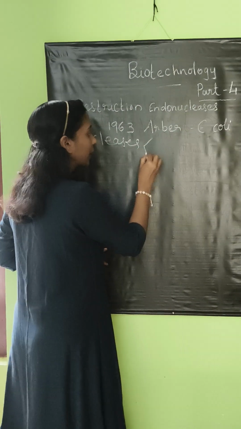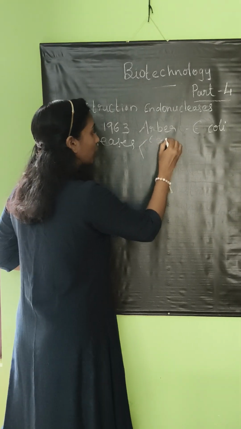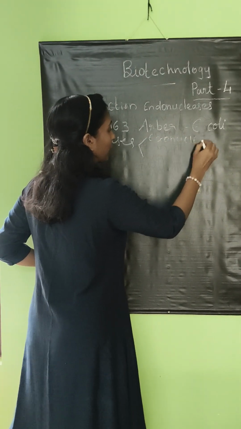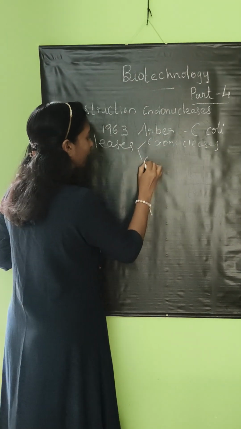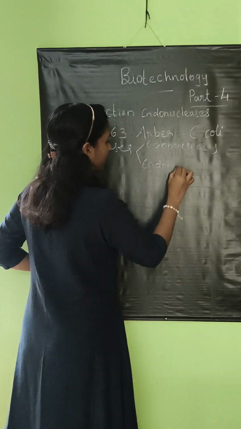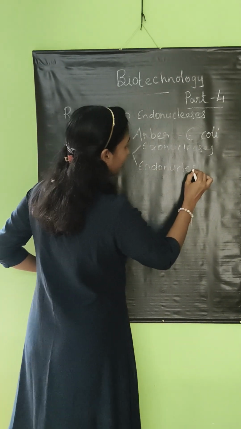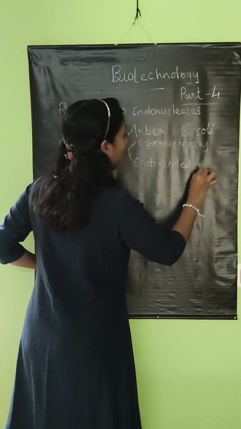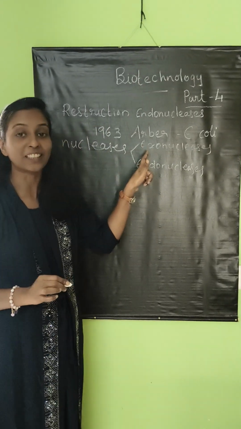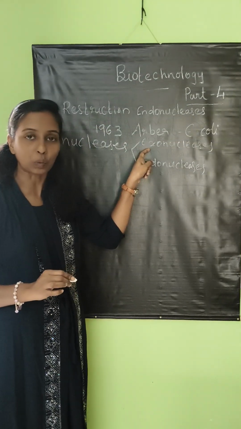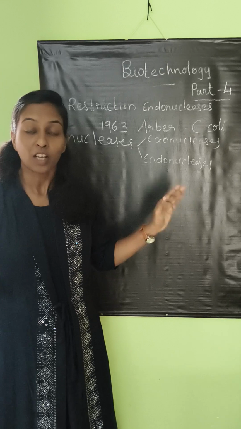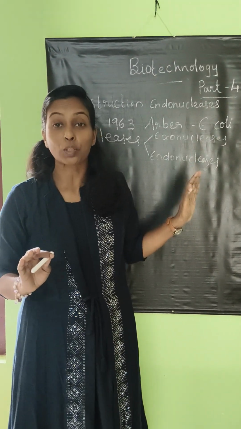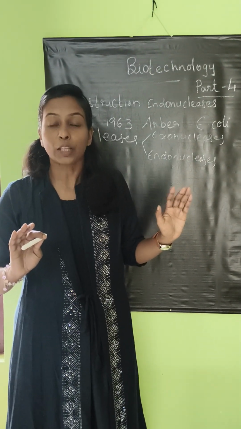There are two different types of nucleases: exonucleases and endonucleases. By the help of the word itself you can understand. Exo means out, so exonucleases cut the nucleotides at both ends of the DNA.